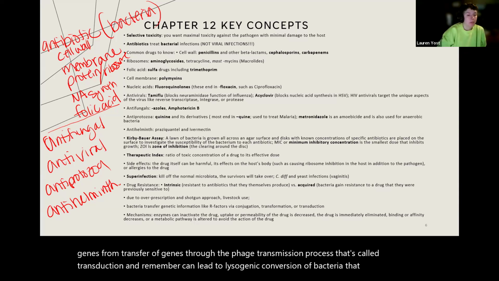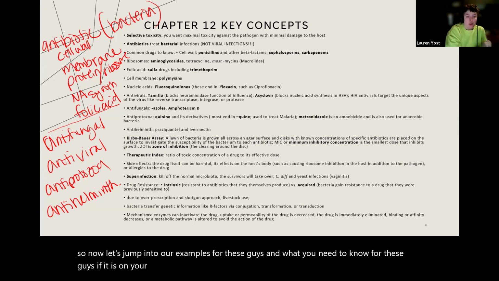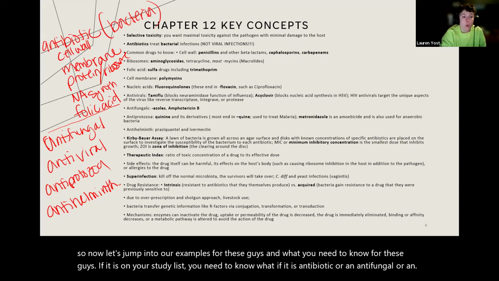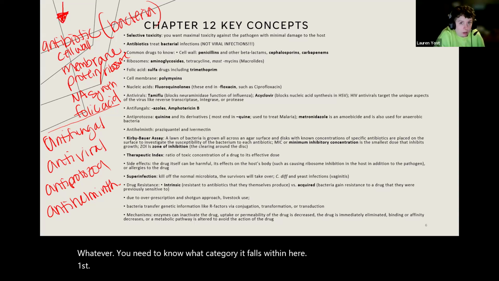All right, so now let's jump into our examples for these guys and what you need to know for these guys. If it is on your study list, if it is an antibiotic or an antifungal or an antiviral, whatever, you need to know what category it falls within here. First, what organism does it affect?